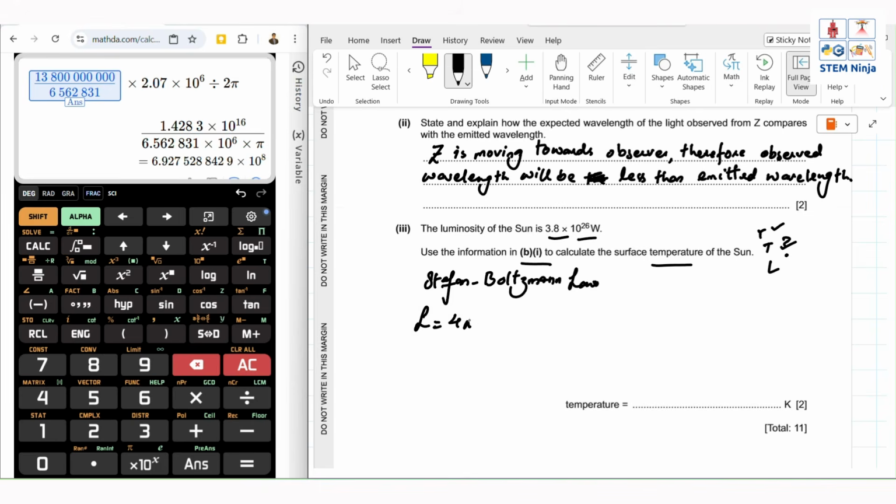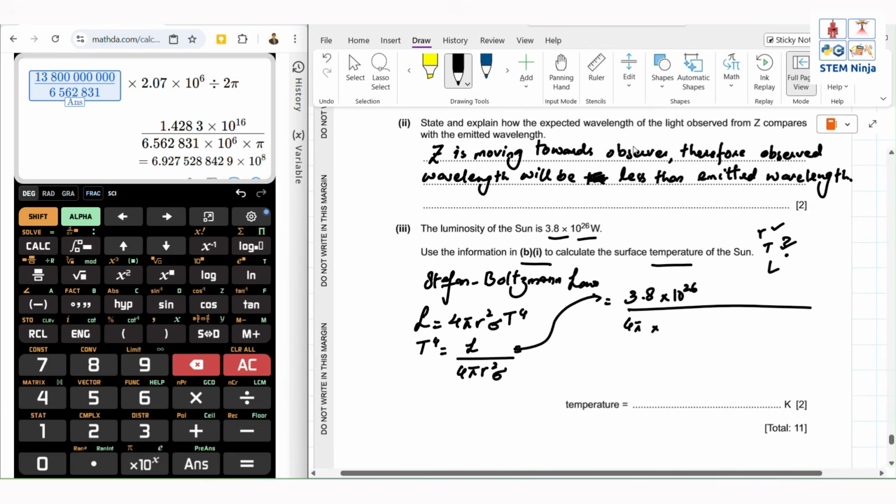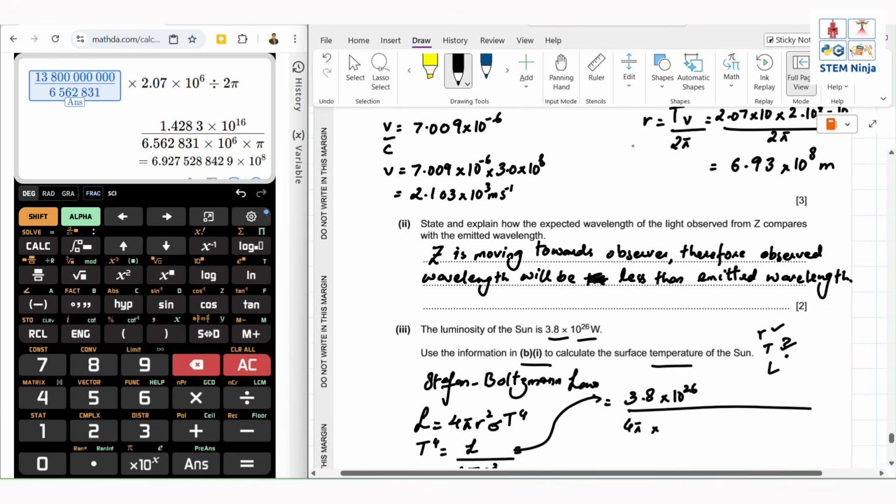L is equal to 4 pi r squared sigma T raised to power 4. So we need to find out the surface temperature. So T raised to power 4 would be L over 4 pi r squared sigma. So luminosity is 3.8 × 10 raised to power 26 divided by 4 pi. The radius, do we have radius?